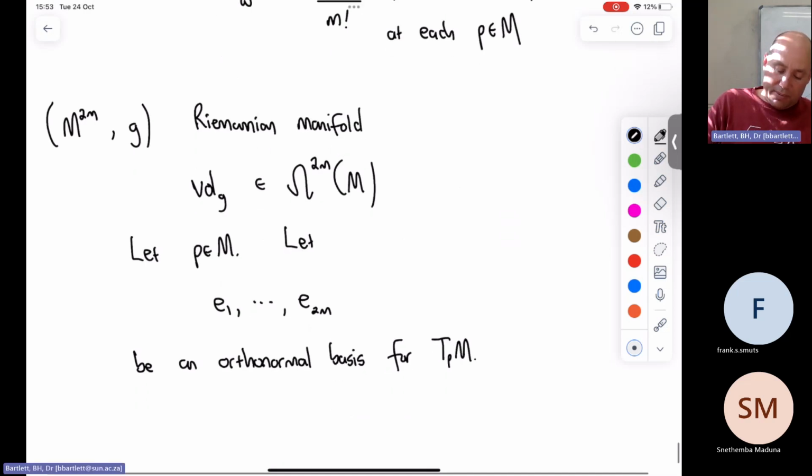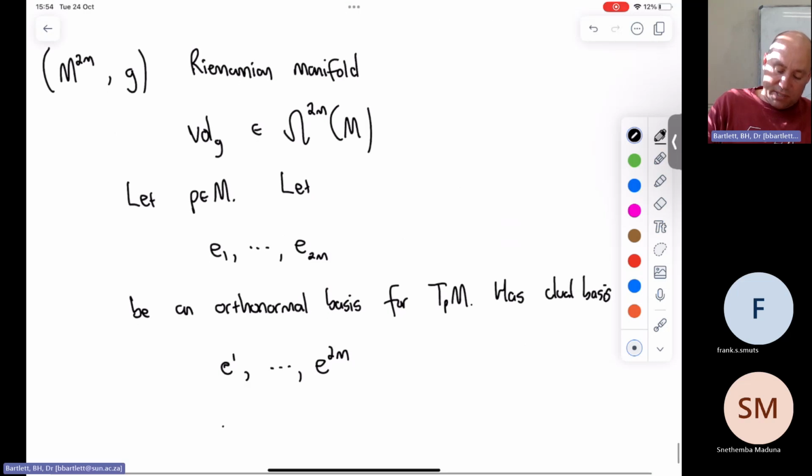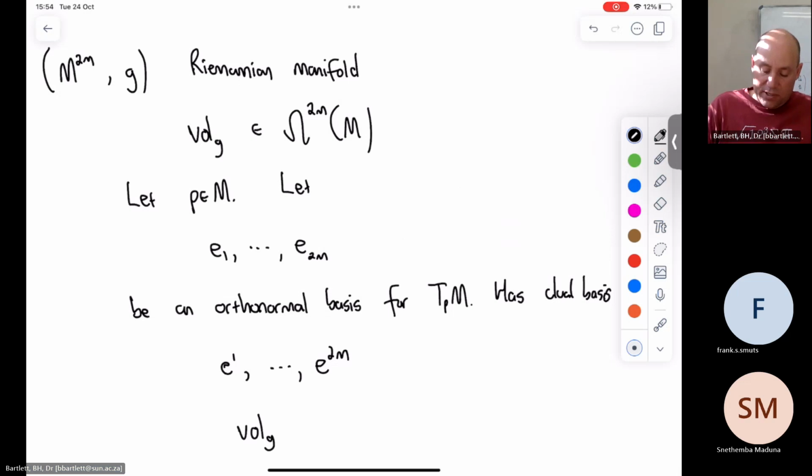Okay, then it has dual basis e superscript 1 up to e superscript 2m. And all I'm going to do is I'm just going to define this top form to be the wedge of all these guys together.